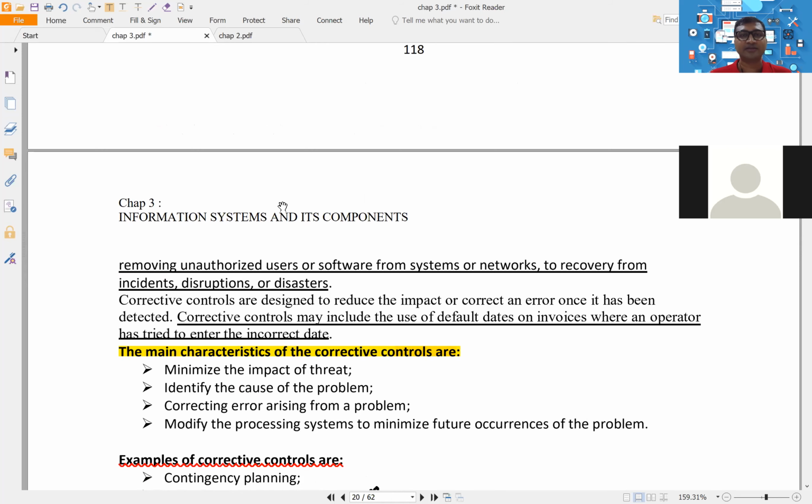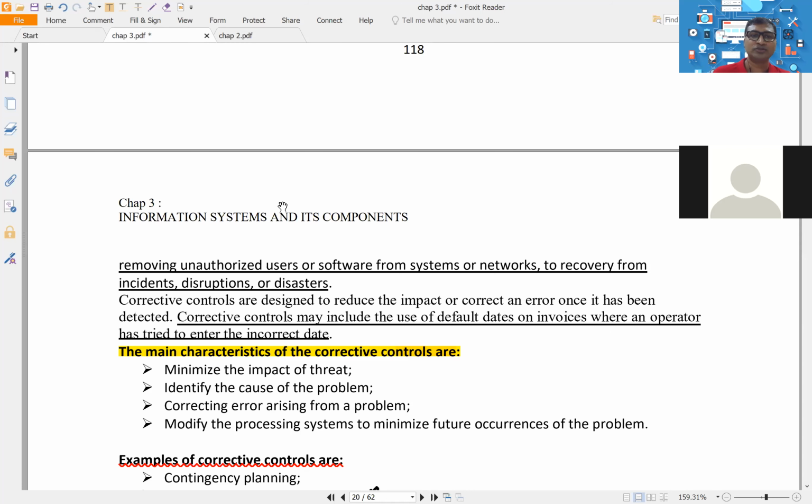When everything fails, look, any control will give us reasonable assurance, which means there is a chance of failure. So the controls we have implemented, preventive and detective, are plan A. But if it fails, then we require plan B, which is known as corrective. So disaster recovery, business continuity, this kind of plan are known as corrective controls.